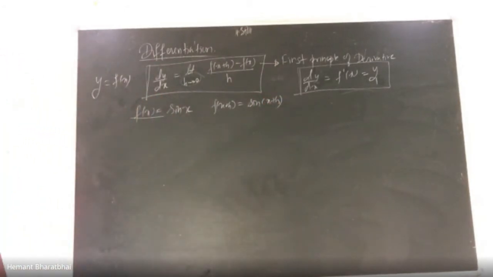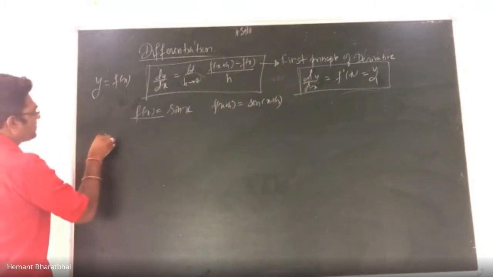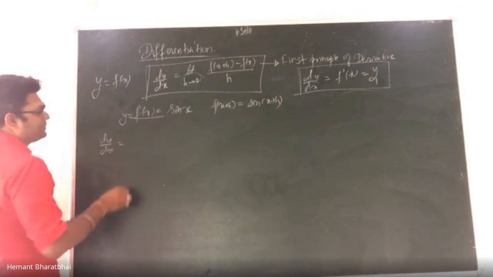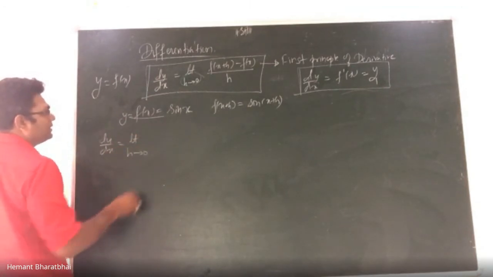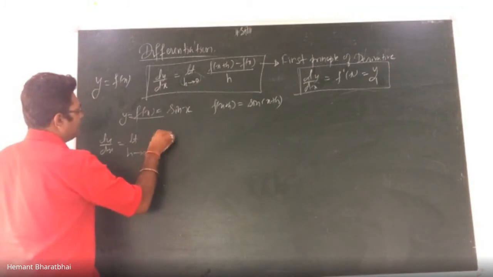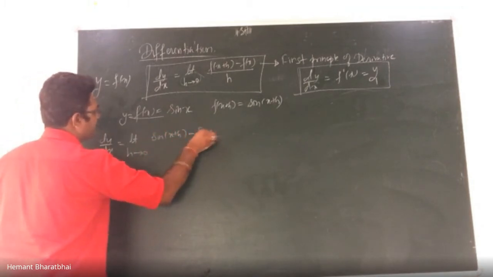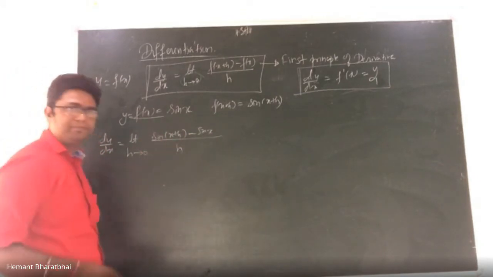Wherever there is x, there I have to write x plus h. So by this definition, I will get dy by dx is equal to limit of h tends to 0 of sin of x plus h minus sin of x upon h.